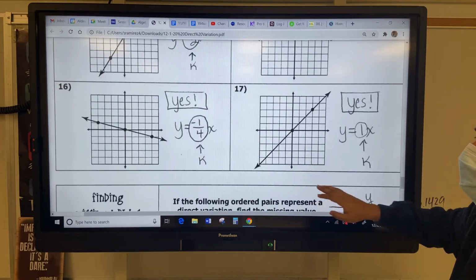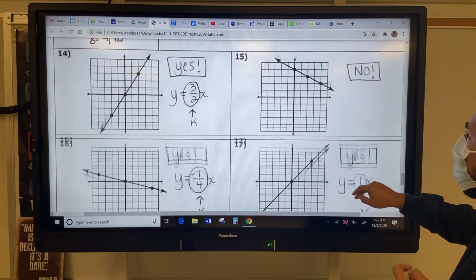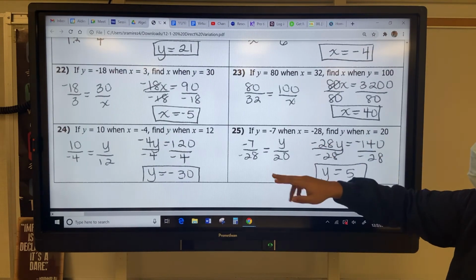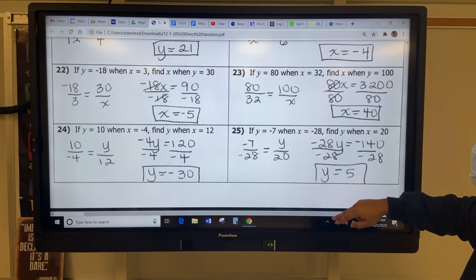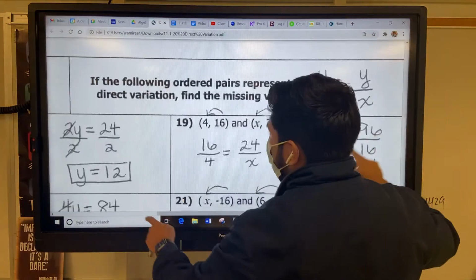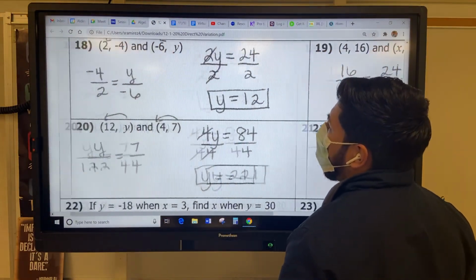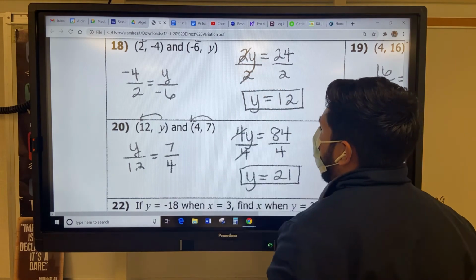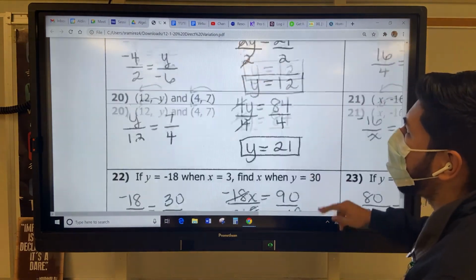If you want to look at the graphs, you totally can. And then, of course, they did the whole butterfly method also. I mean, they really didn't show the butterfly, but as you can see, they set it up. Boom, boom, divide. Very, very straightforward, ladies and gentlemen.